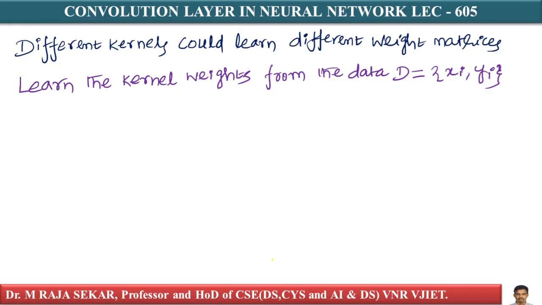Instead of hard coding them as Sobel kernels or anything, let's learn the kernel weights from the data, given our original data set D equal to xi comma yi, based on the problem that we have to solve, just the way we learned weights in multi-layer perceptron.